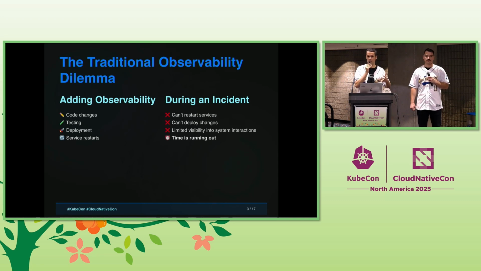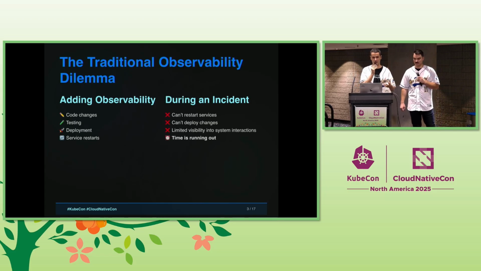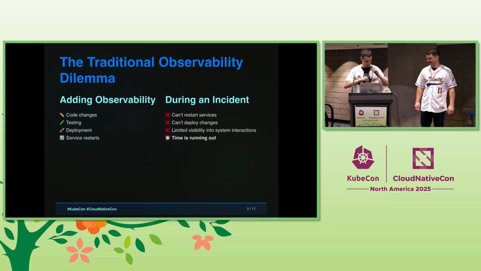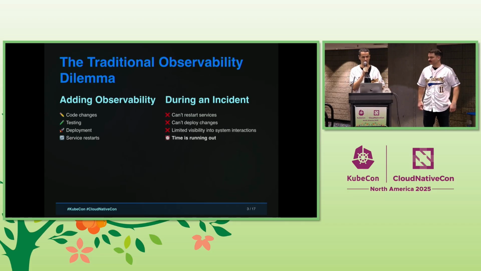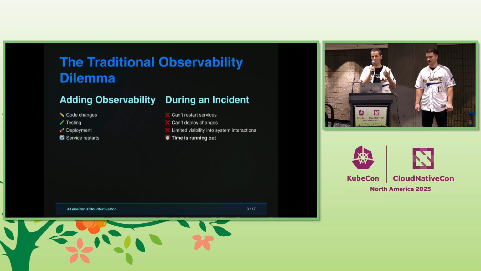Once you have reconfigured, you need to redeploy and restart your services. This is something that I will avoid during an incident. Anybody will avoid it if possible: restarting services and deploying changes when you don't know how they will affect things.